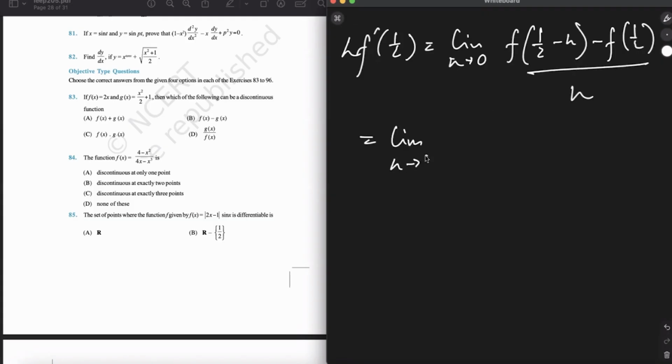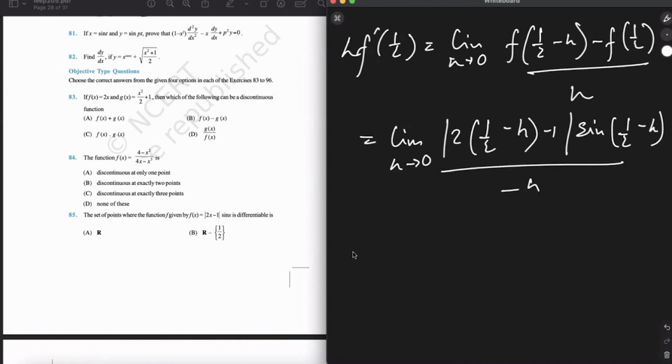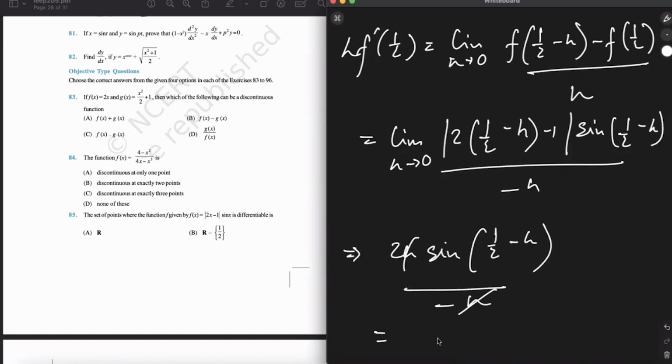So limit h tends to 0, mod of 2 times half minus h minus 1, times sine of half minus h, whole divided by minus h. So it will be again 2h sine of half minus h divided by minus h. So now this time it will be minus 2 sine half.